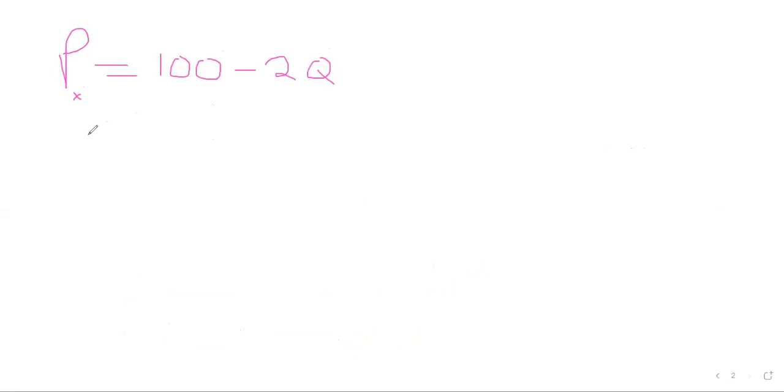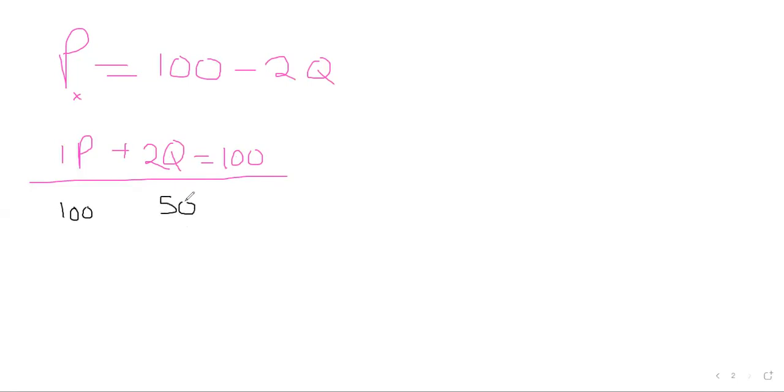How do we plot? We put the letters on one side. This goes on the other side. It becomes our function like that. There's an invisible 1, 1 into 100, but we get 100. 2 into 100, but we get 50.